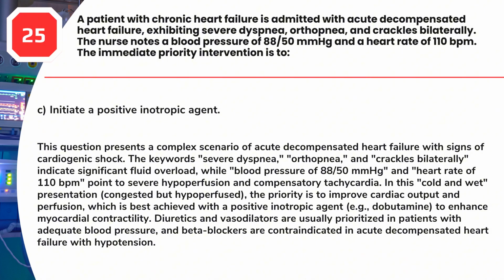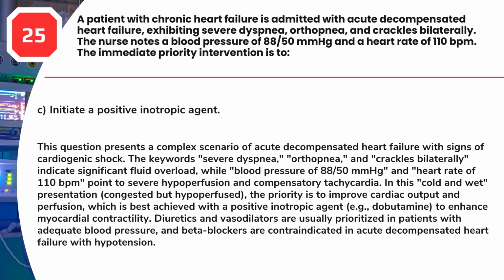This question presents a complex scenario of acute decompensated heart failure with signs of cardiogenic shock. The keywords severe dyspnea, orthopnea, and crackles bilaterally indicate significant fluid overload, while blood pressure of 88/50 millimeter of mercury and heart rate of 110 bpm point to severe hypoperfusion and compensatory tachycardia.